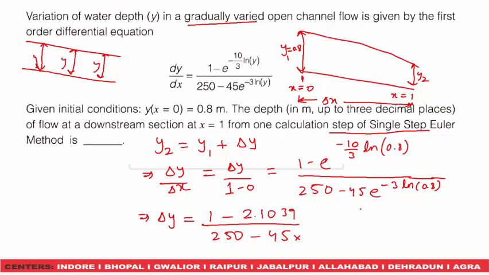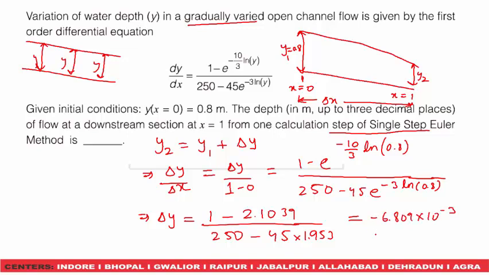So this is 1.953. So it comes out to be minus 1.1039 divided by 250 minus 45 into 1.953. That is minus 6.809 into 10 to the power minus 3.